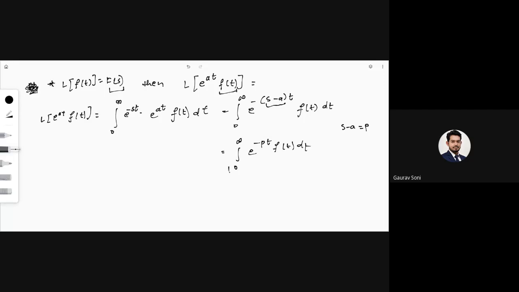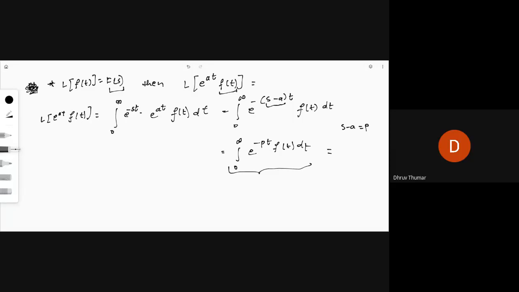What is this? Anyone? What will be that integral? Can you identify that integral? What is it? No, sir.